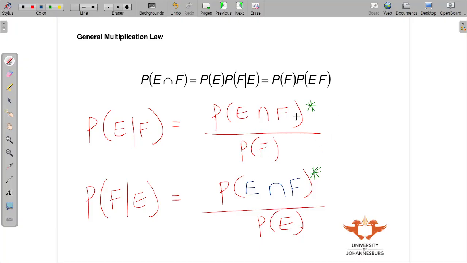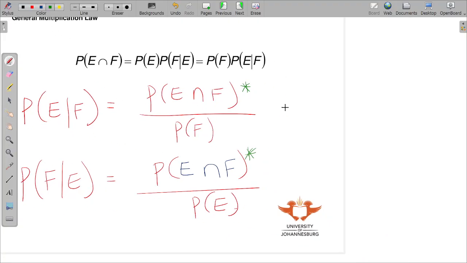So I can make the intersection the subject of the formula here, and here.